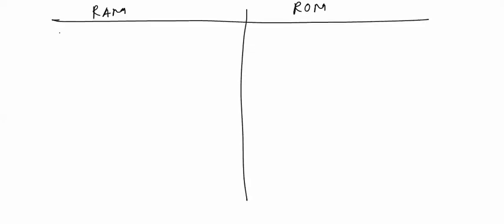Now we'll see the difference between RAM and ROM. RAM is random access memory. In RAM, data can be read or written to the memory, while ROM is read-only memory, meaning only the read operation can be performed.